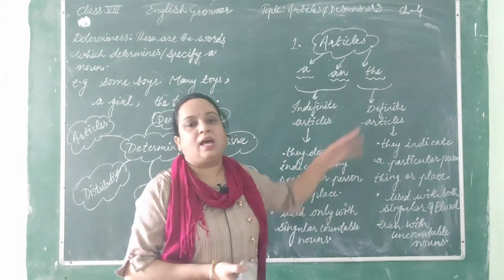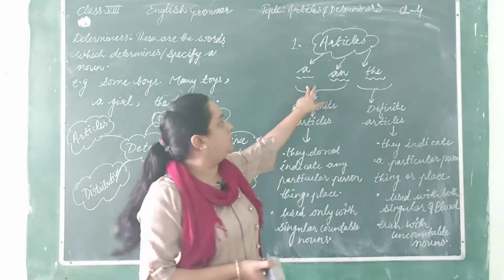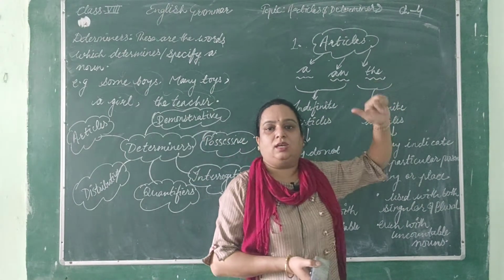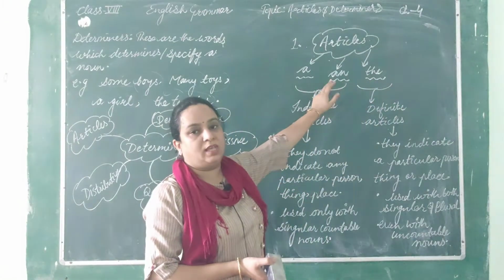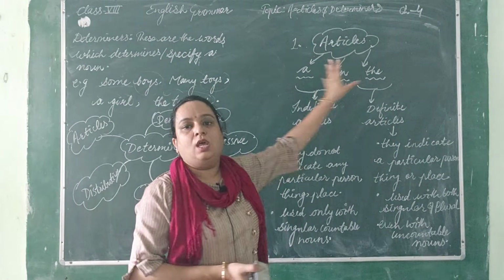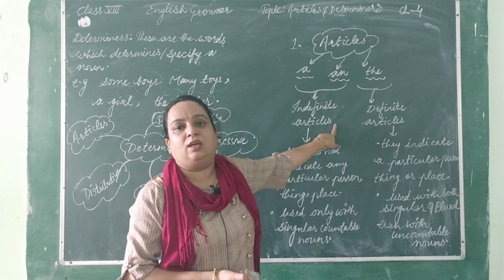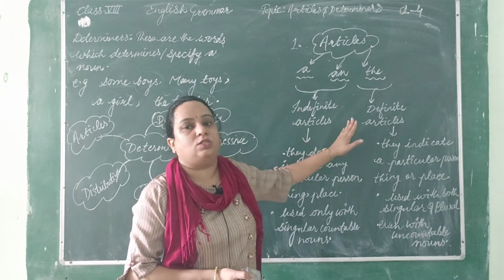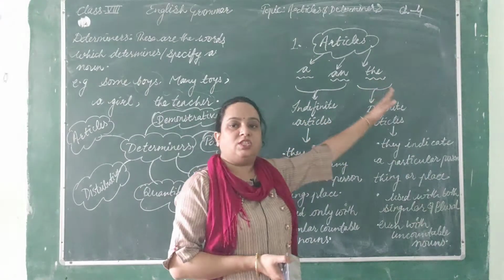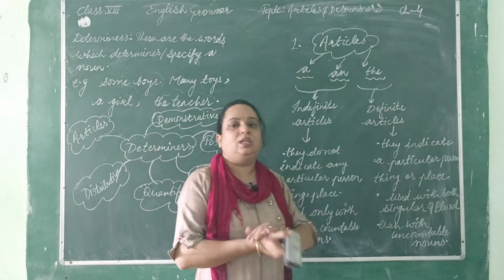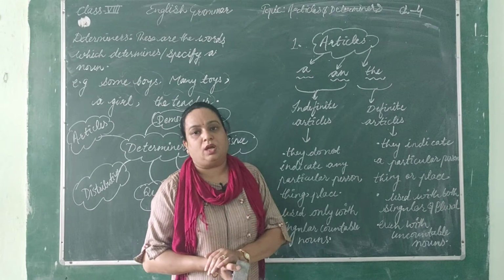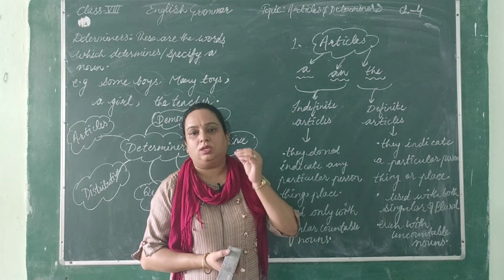So here we have to take care of vowels, and here we have to take care of consonant sounds. Means in indefinite articles we have to take care of vowel sounds and consonant sounds, and the, which is the definite article, we can use with particular or proper nouns.